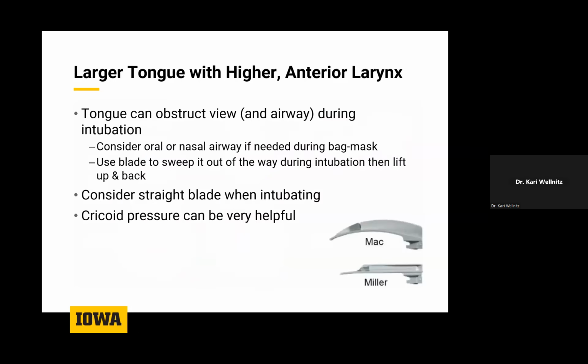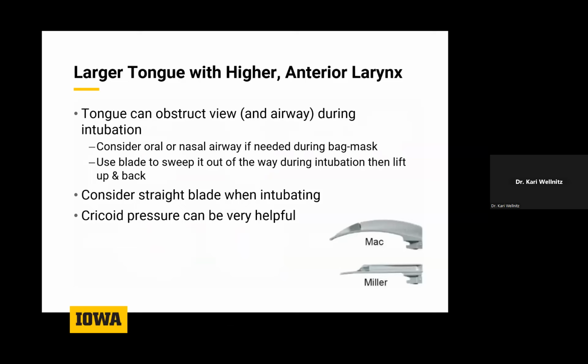With the larger tongue and the higher anterior larynx, it can be quite challenging to obtain a good view in kids. The tongue can obstruct the view and the airway while you're trying to intubate, so you may need to use an oral or nasal airway during bag mask ventilation. It's also important to use the blade to sweep the tongue out of the way.